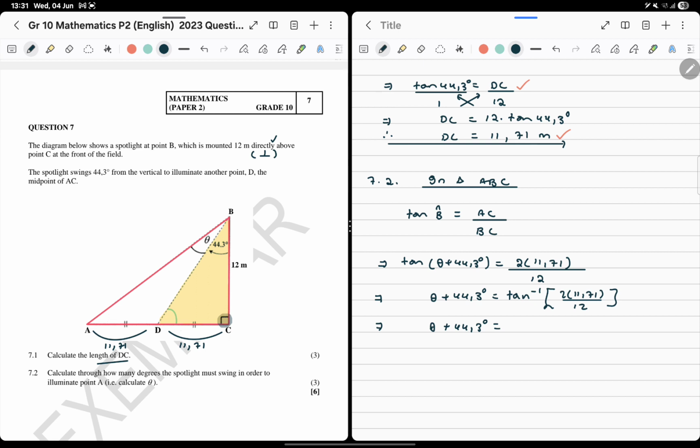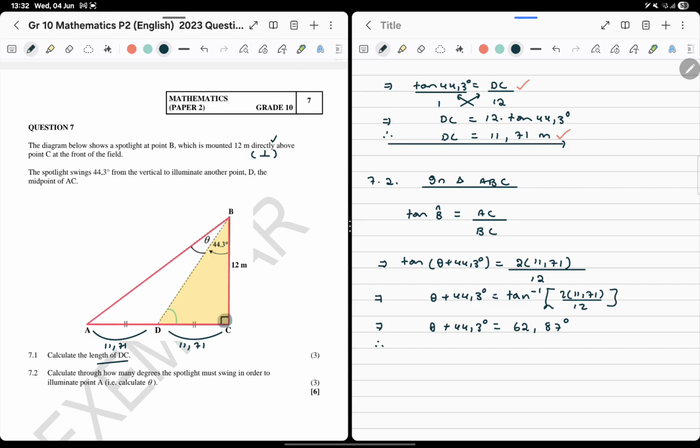So arctan of 2 into 11.71 divided by 12 is 62.87. I mean, to 2 decimal places is better already. So this is good.